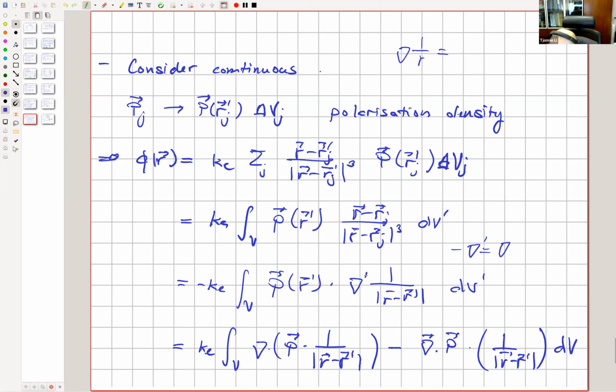No, this should be correct. It should be correct. This is minus 1 over r cubed. So if I take the gradient to be the prime one, I get double minus, I get a plus here. So this is actually the correct expression for this one. Yeah, does that answer your question? Excellent. Okay.